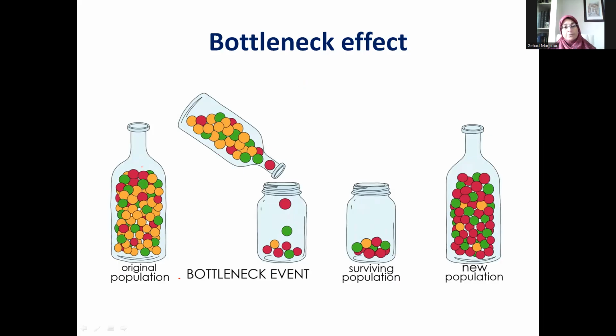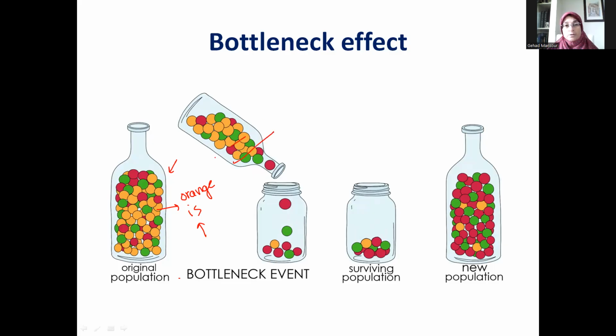And if you have a look at the original population, maybe it was the orange one that was taking over. So we might say that in the original population, the orange is taking over. And then there is a catastrophe that occurs. What is this catastrophe? We call it a bottleneck event.